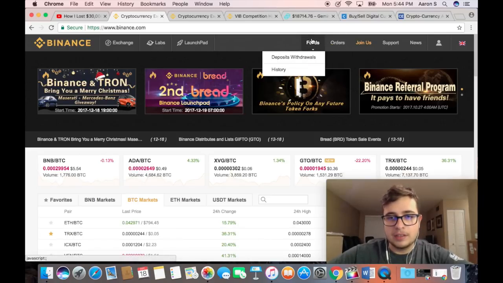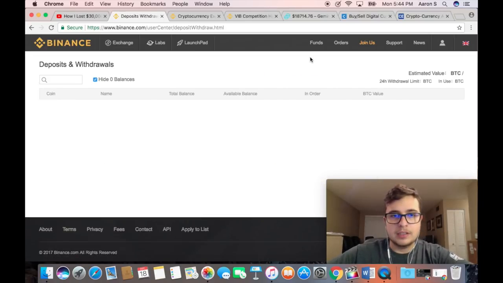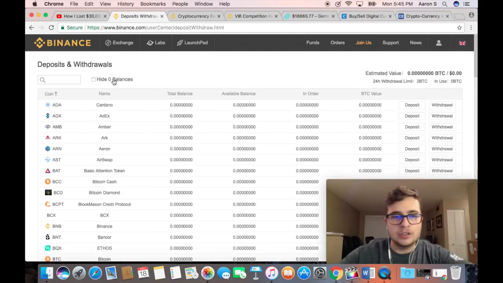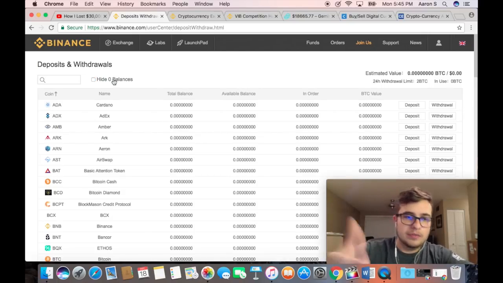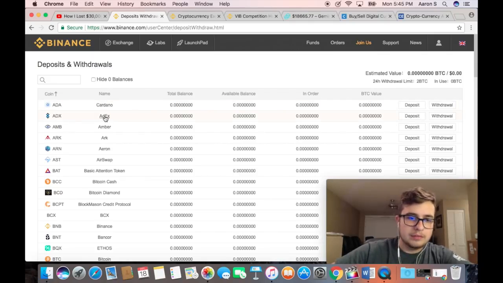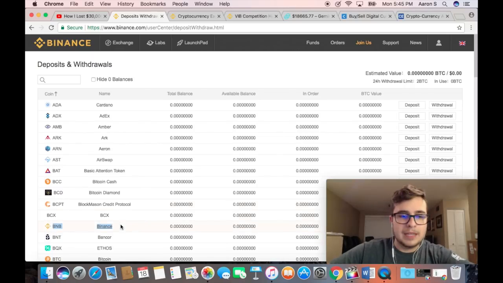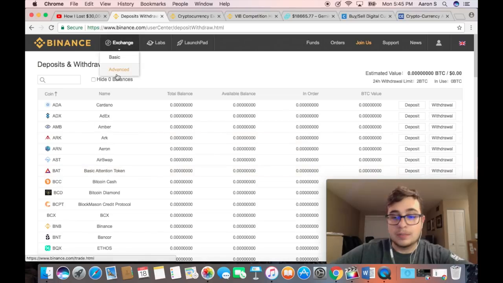So what you have to do first is deposit into the exchange to buy your coins. And you do that by trading your Bitcoin or Ethereum for Cardano, for this, ARK, whatever you want to buy. BNB has been soaring recently, by the way. That's the coin that they actually use for the exchange. You get a discount on the fees if you use Binance coin to pay the fees. So that's pretty awesome.